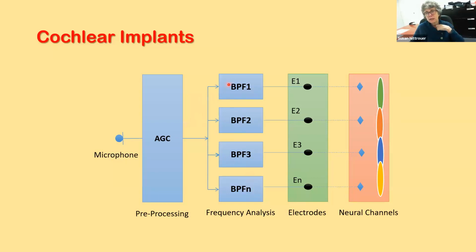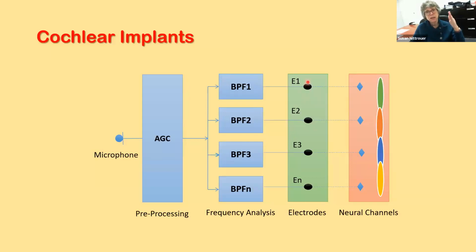So what the signal processor does then is to get out the amplitude of the signal in each one of these frequency ranges, okay? So you get out an amplitude signal for this bandpass filtered range, and this one, and this one, and this one. And then each one of these signals is sent down to the electrode array in the cochlea, and the electrodes are driven.